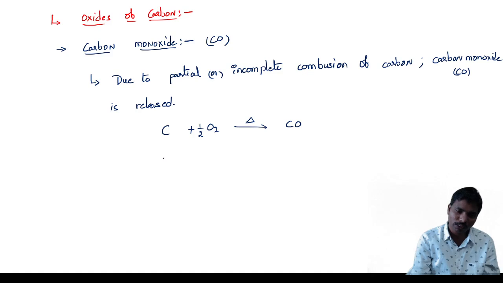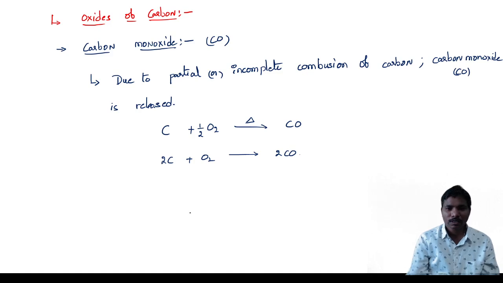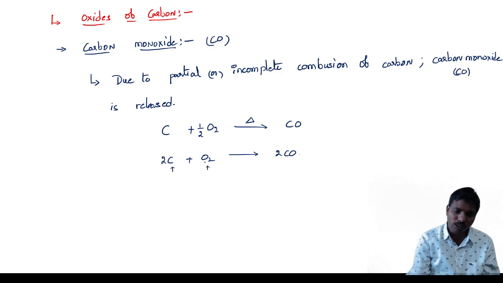Or we can also say that if you take two carbons with oxygen, it will form 2CO. So it is incomplete combustion. Okay, so that means if you take two carbon atoms with one oxygen molecule, then two carbon monoxide is formed.